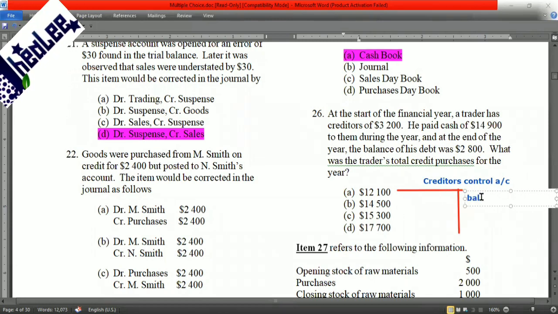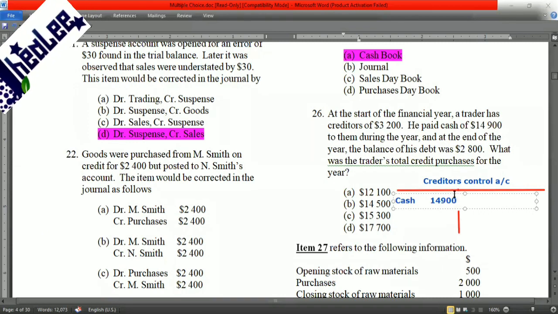So balance brought down 3,200, right? He paid cash of 14,900. Because this is a payment, it's going to cause a reduction in the account. So we're going to debit that value. And that is cash of 14,900.